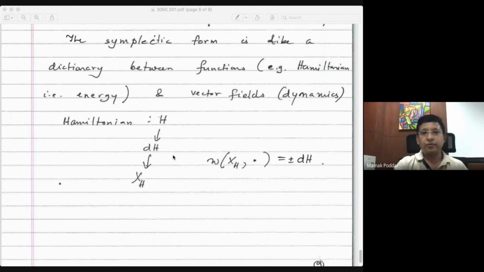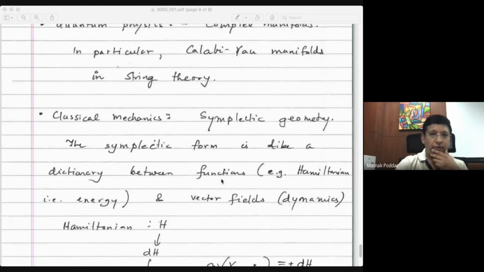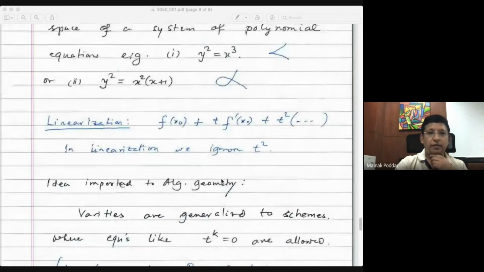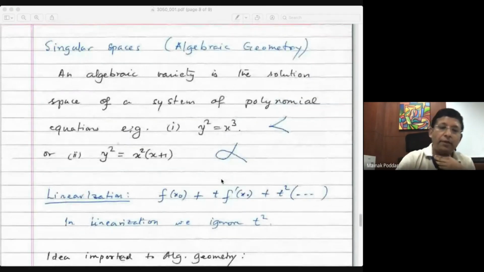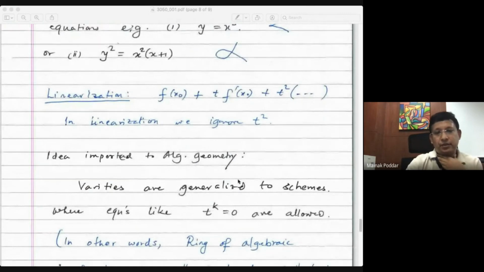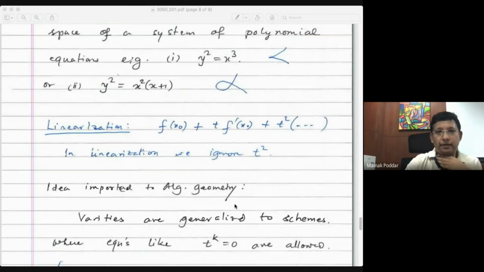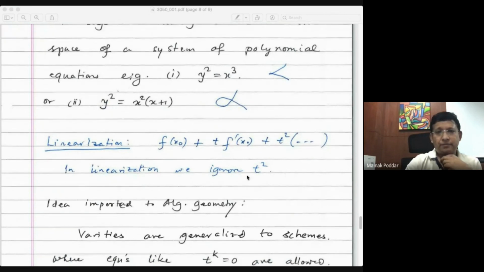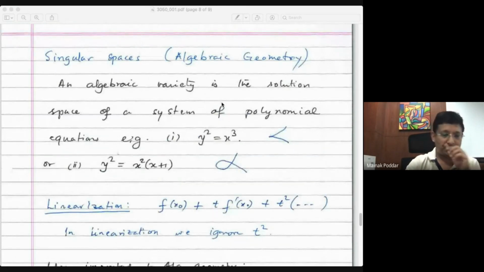Yeah, this is sort of like when you look at an algebraic variety. This is very simple in the sense that in algebraic varieties you have a system of polynomial equations. So what you have is a polynomial ring, and you have certain functions.